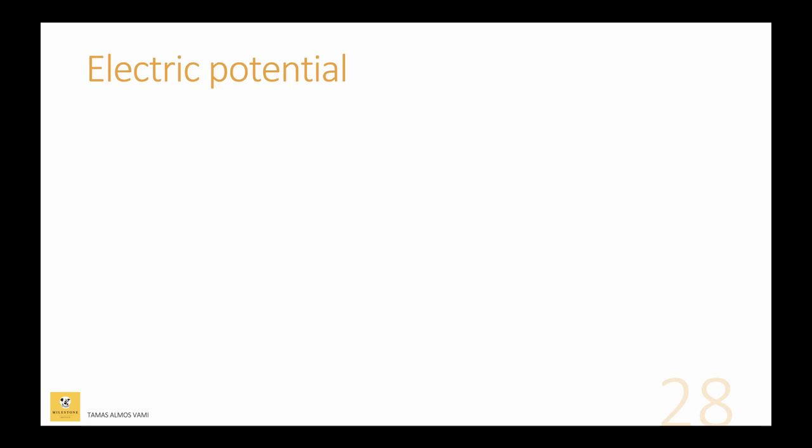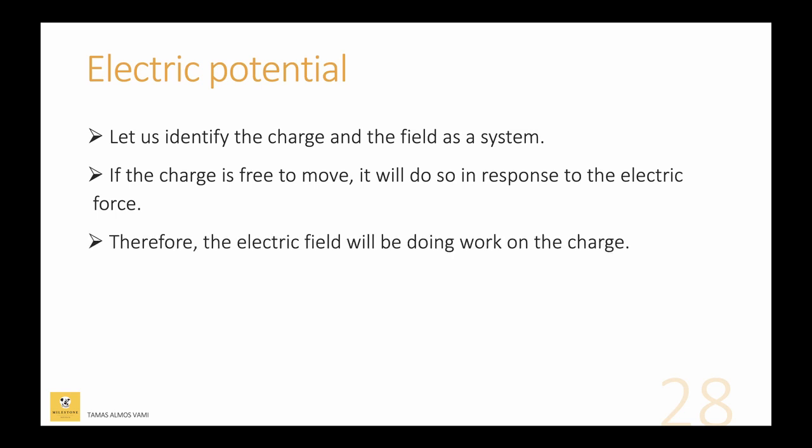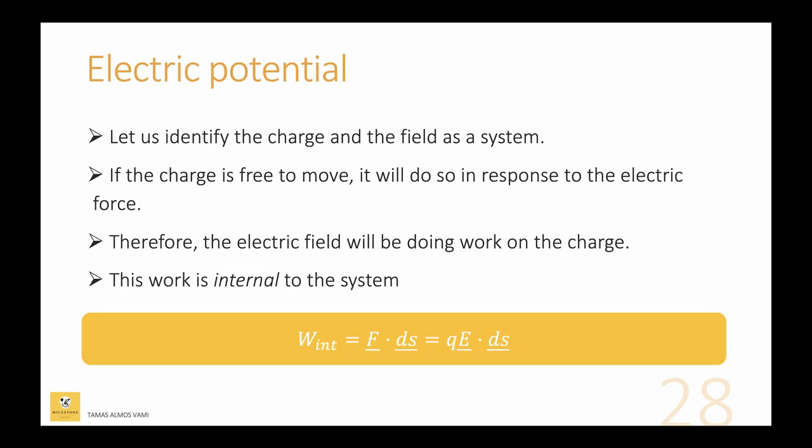The next thing to discuss is the electric potential. Let us define the charge and the field to be a system. If the charges are free to move, then they will do so in response to an electric force, and therefore the electric field will be doing work on the charge. So it is important to go through these thoughts again, because that's the basics of why electric potential exists.